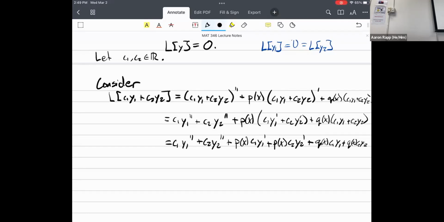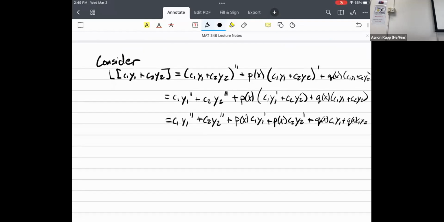Also think of it as, look at each of these terms that have a constant C1. Factor out that common factor of C1. If I do that, I have C1 times the second derivative of y1 plus p of x times the first derivative of y1 plus q of x times y1. Now I go through the terms and factor out a C2. I get a similar statement, but with my second solution.